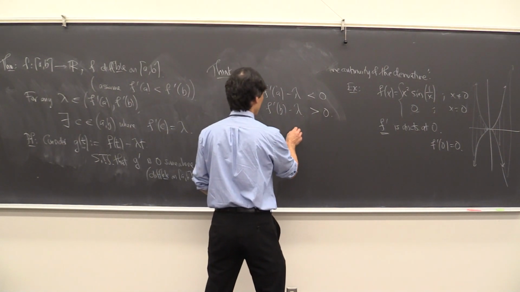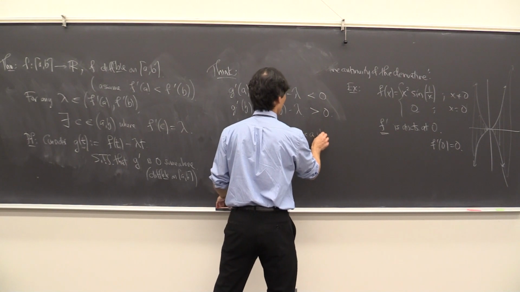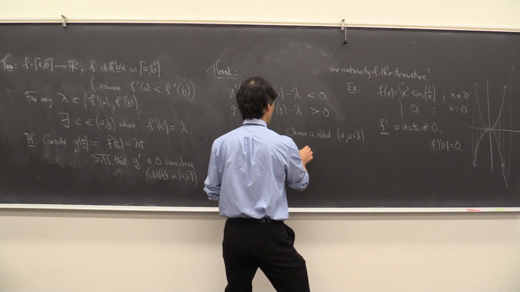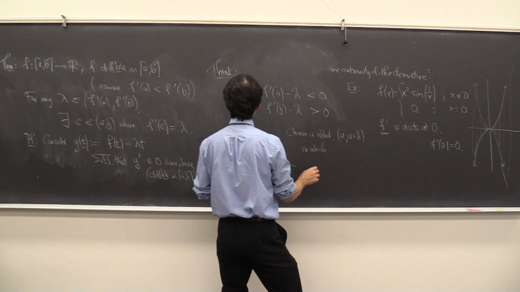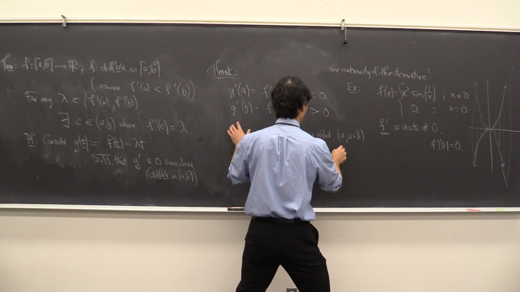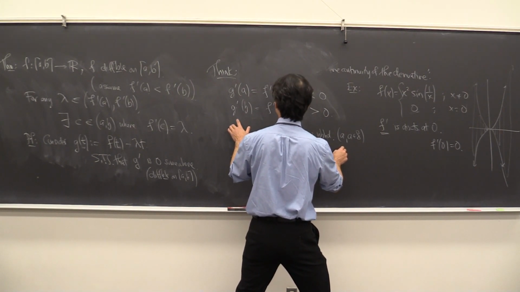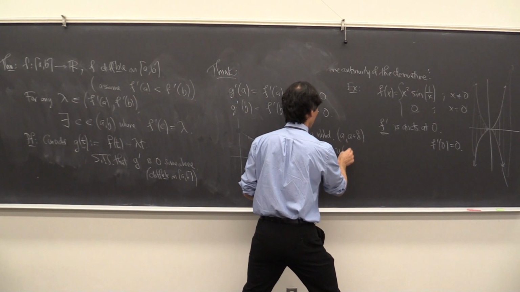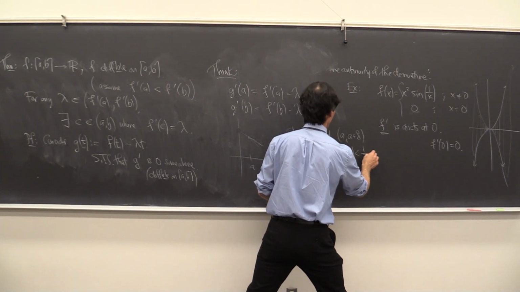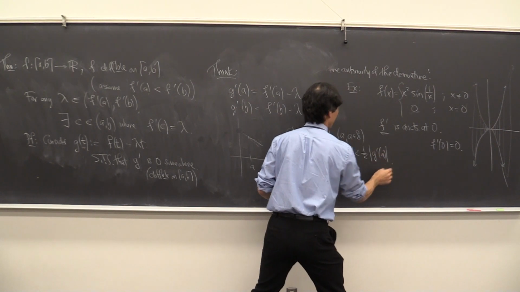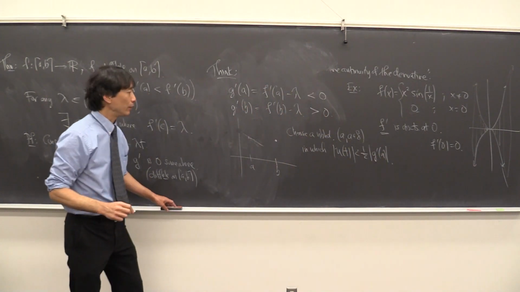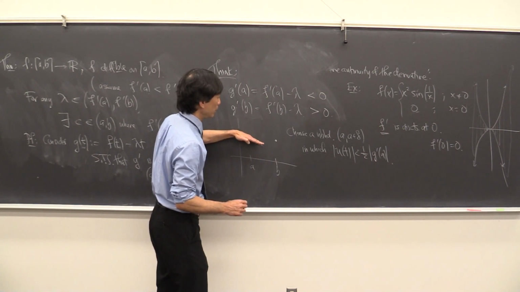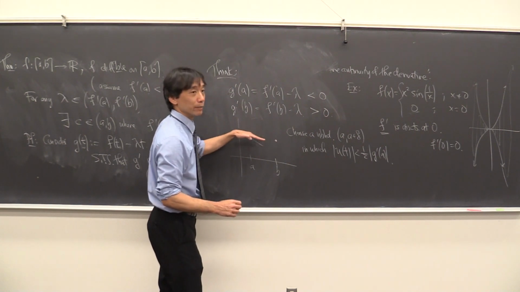So choose a neighborhood a plus delta in which u is smaller than 1/2 g prime a. Then we know that at most this function has a slope. The function is trapped beneath something that has negative slope.